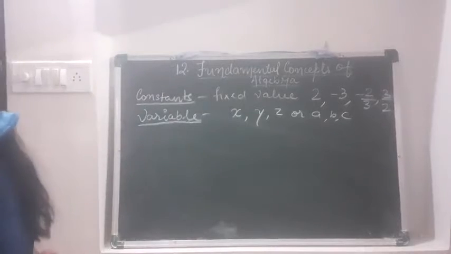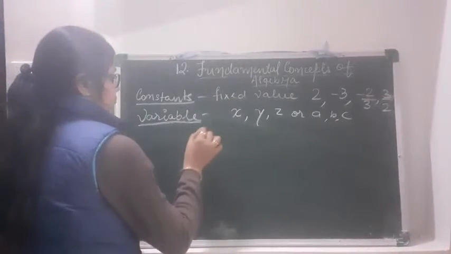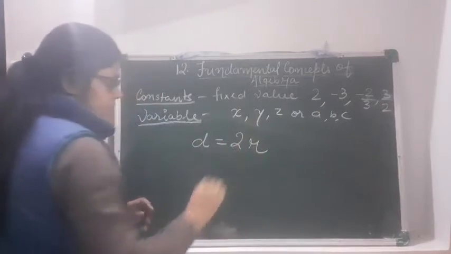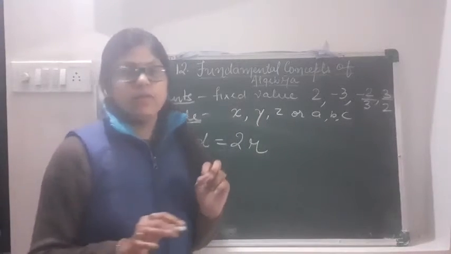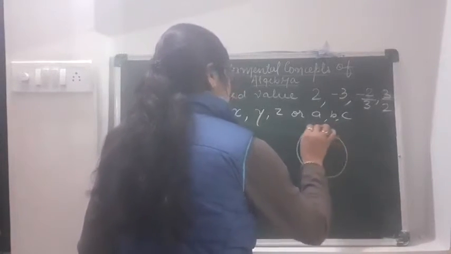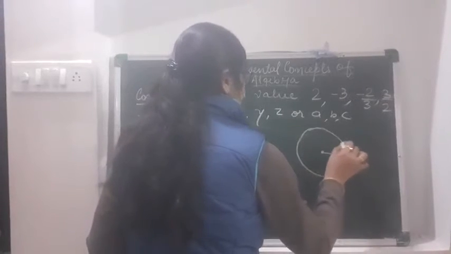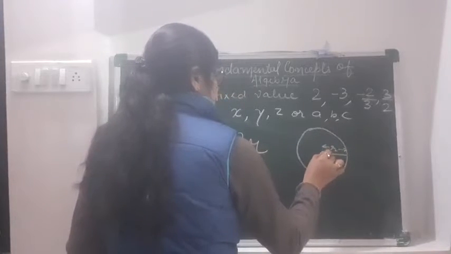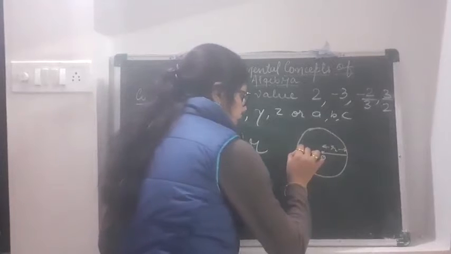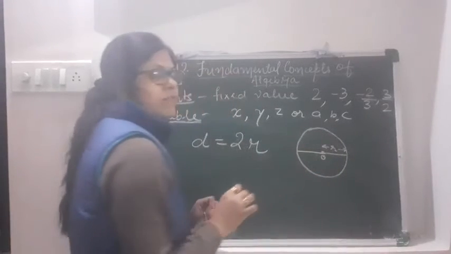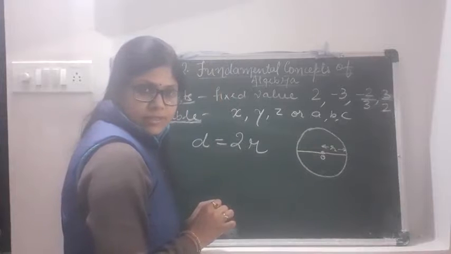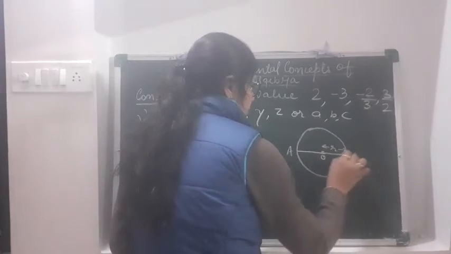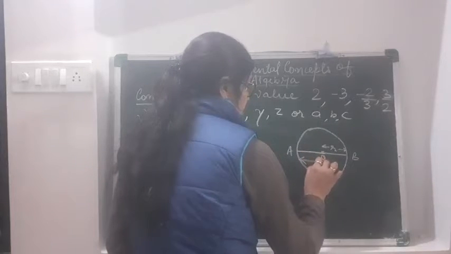The diameter of a circle is 2 times its radius. As you know, when we take out the diameter of a circle, from the center to the circumference is R, and when we connect two points of the circumference passing through the center point, AB, it is the diameter.